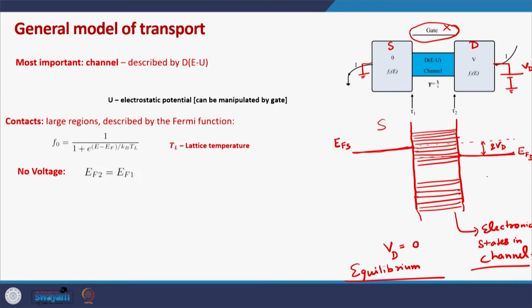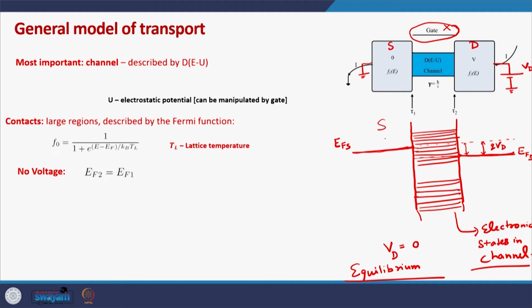It also means that for the energy levels above EFD, if there are electrons in those levels in the channel, it will try to make sure that those energy levels are empty. It will try to make sure that electrons are not there in the energy levels above its Fermi level.